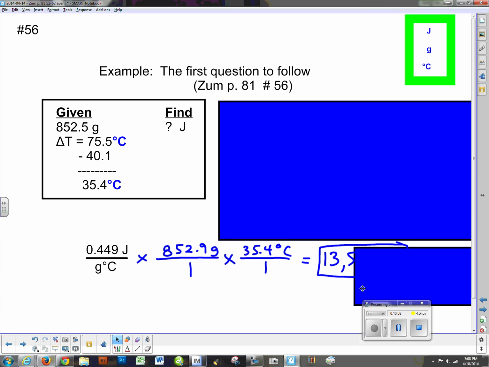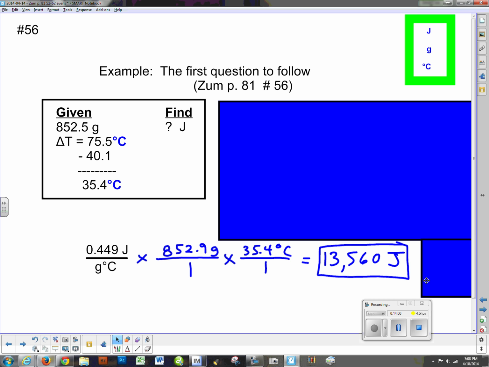On the top again. And what we'll have at the end is 13,560 joules. Big number, huh? That's how we do these, folks. So only two problem types. And problem type 2 is the one that you have to watch out for. All you have to do is look at your find, and it tells you who's on top. I hope you all find this helpful.